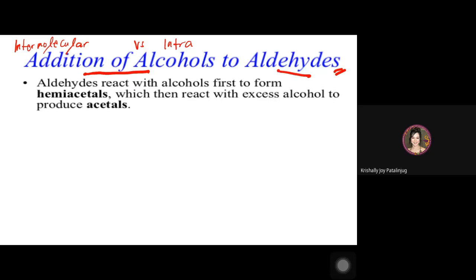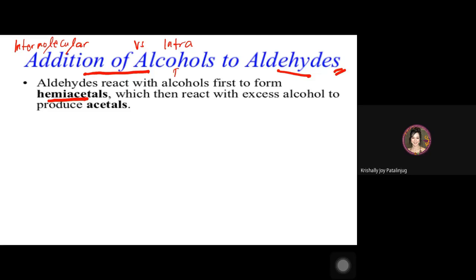So listen. For aldehydes, added with alcohol, okay, it will first form hemiacetal. Yan yung general product, okay? Initially, general name of the initial product if we add alcohol to aldehyde. Okay?